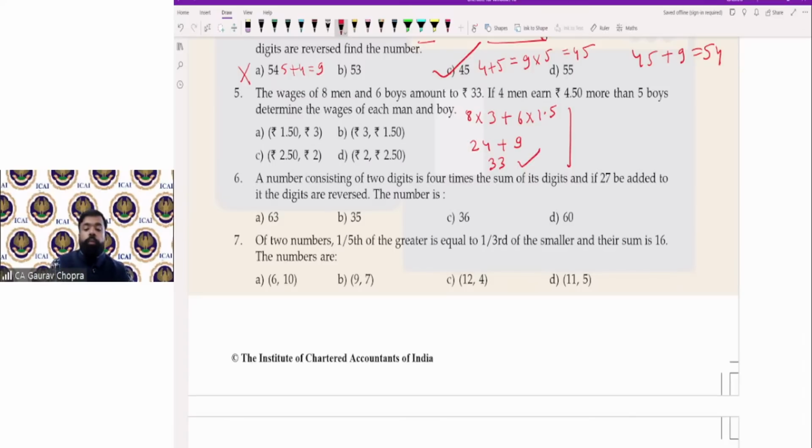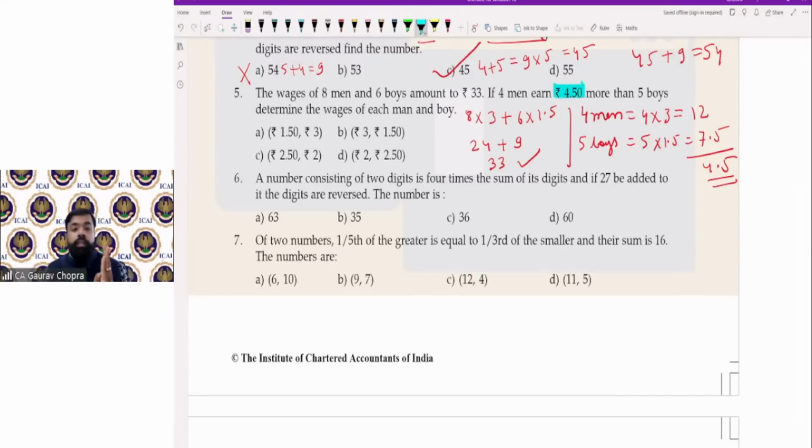How much do 4 men earn? 4 into 3 is 12. And how much do 5 boys earn? 5 into 1.5 is 7.5. Now what is the difference? Difference is 4.5. So this second condition is also verified.